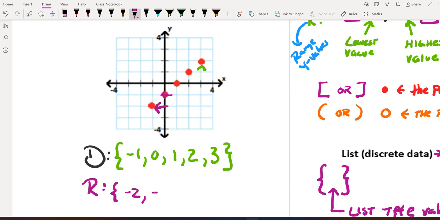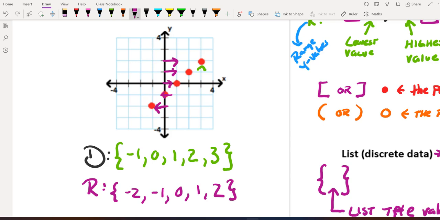Then we go to the next one. 0, the y value, right? The next one right there, what's the value? 1. And this one here, 2. We've got all the points listed. We finish off with the curly brackets. And that's it.